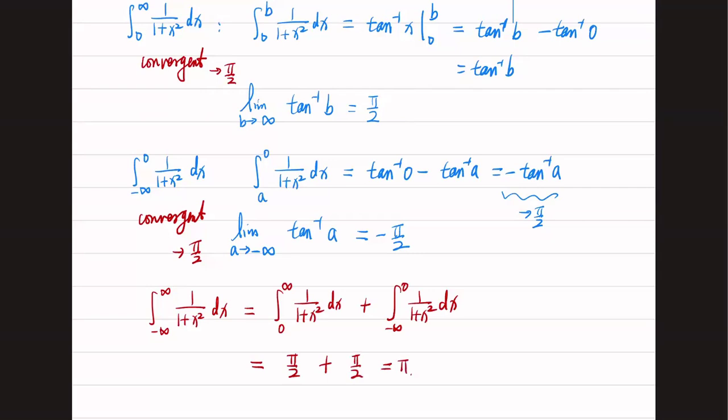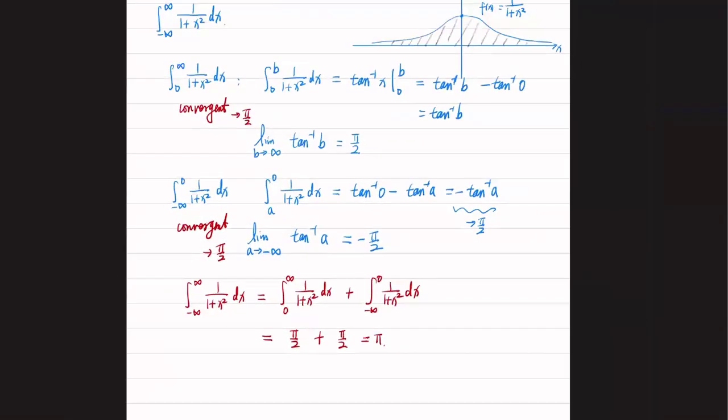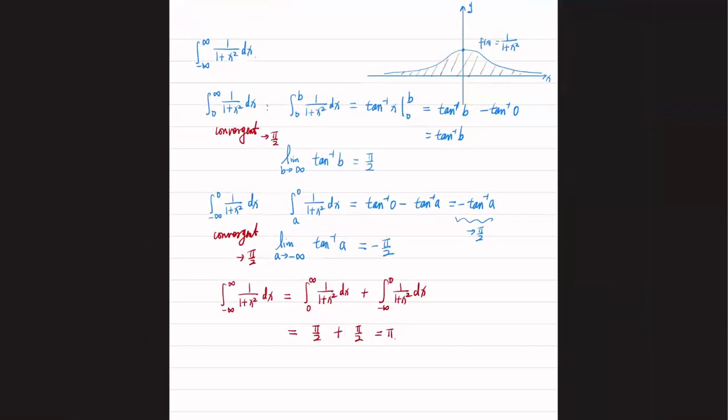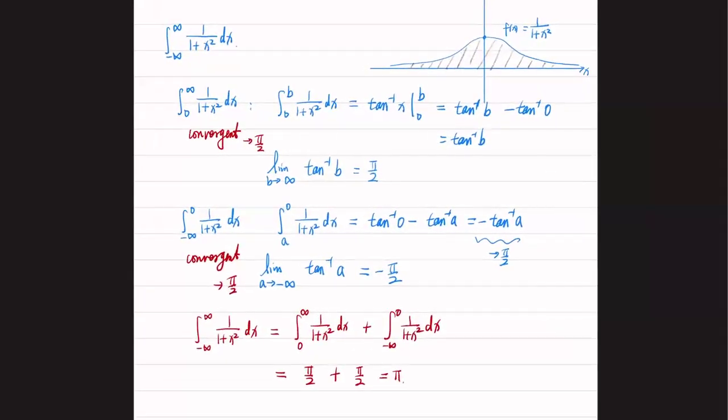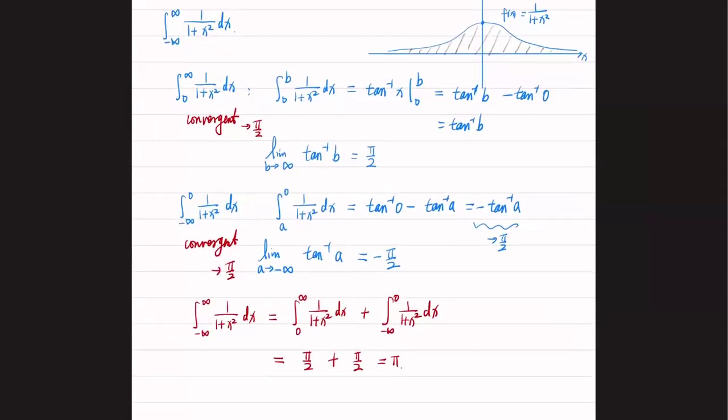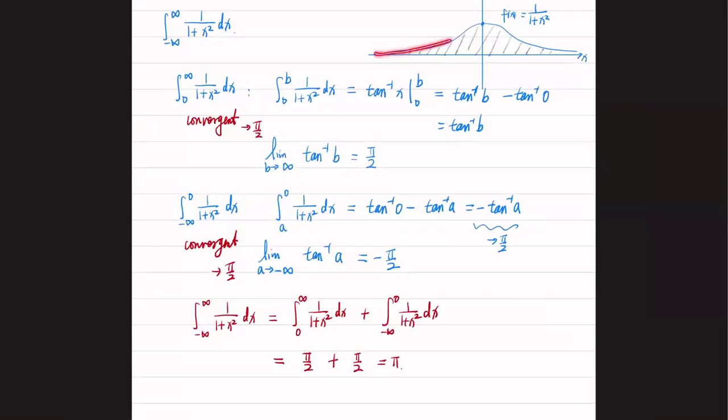The meaning of this integral is that the total area on the graph of this function is pi. Even though it extends to both sides, it has a finite total area.